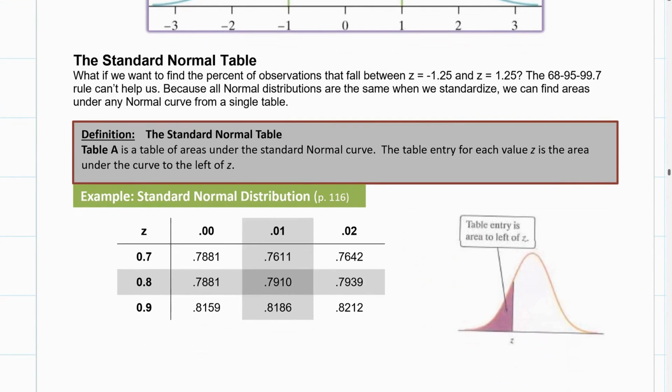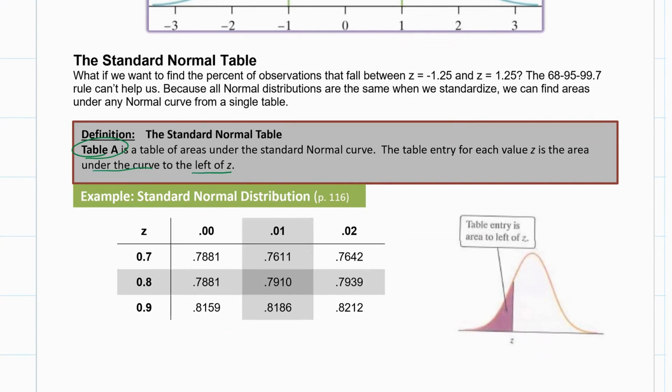A standard normal table in our book is called Table A. It shows the areas under a standard normal curve, and it gives numbers that are under the curve and to the left of the z value.